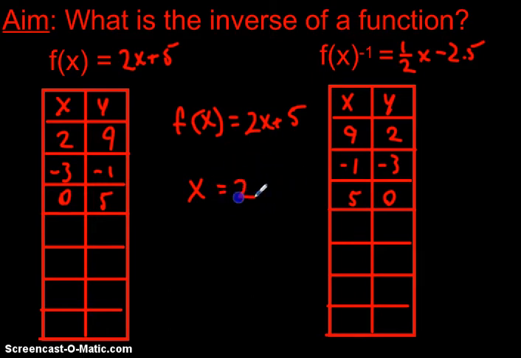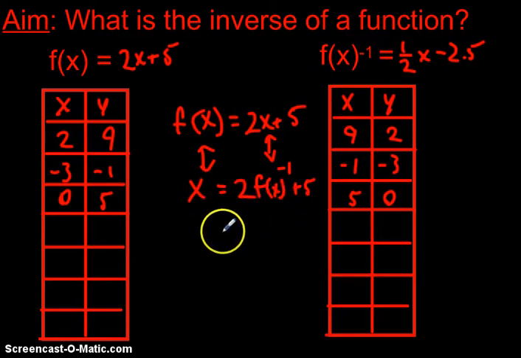So this would become 2 times f of x inverse. This becomes the inverse, and this becomes x. Now by solving for f of x inverse, we get the inverse function.